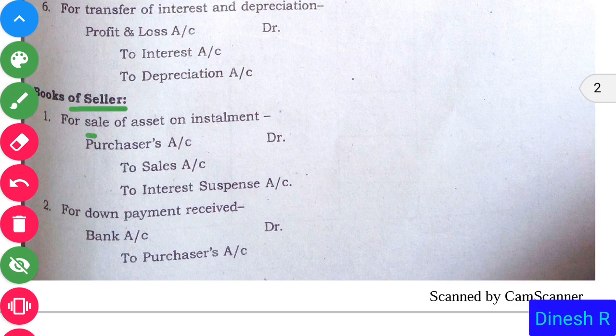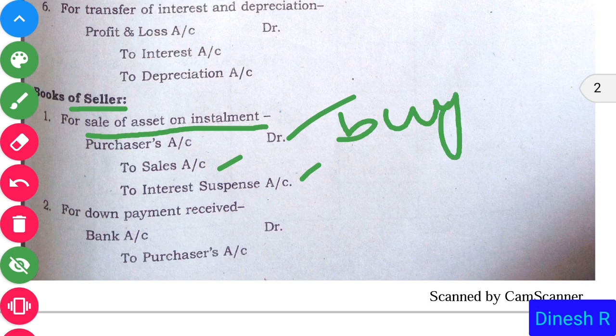The first one, for selling the assets on installment: purchaser account debtor to sales account, to interest suspense account. So this is a journal entry. Purchaser or buyer account debtor to sales account, to interest suspense account.